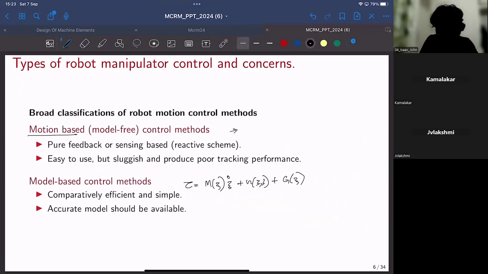A good example of motion-based or model-free controls are the well-known PID control, PI control or PD control. It purely relies on feedback. There are no model terms in it. For example, you can design your input torque to be Kp multiplied by position error plus Kd multiplied by velocity plus Ki multiplied by the integral of position.